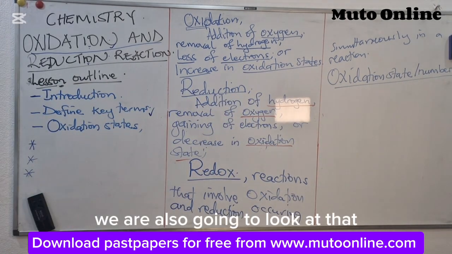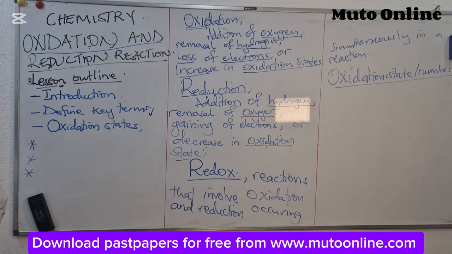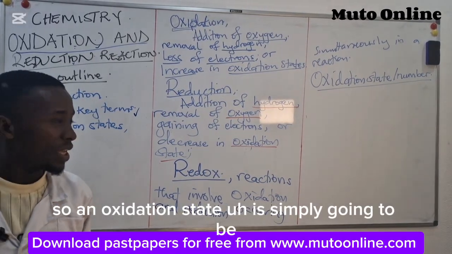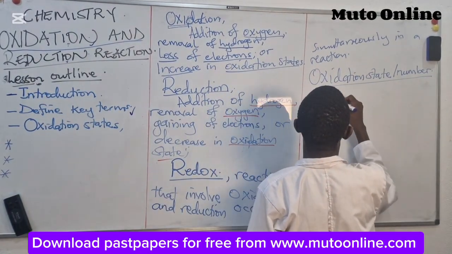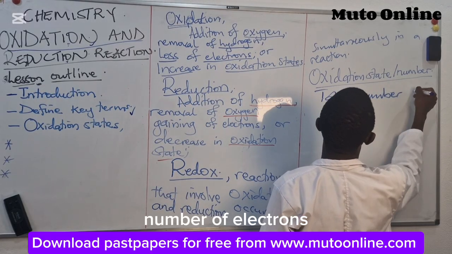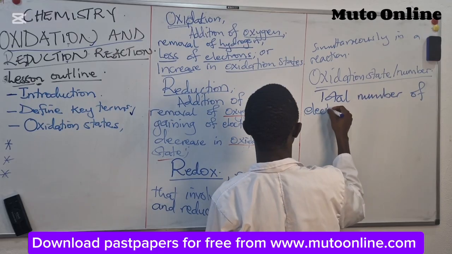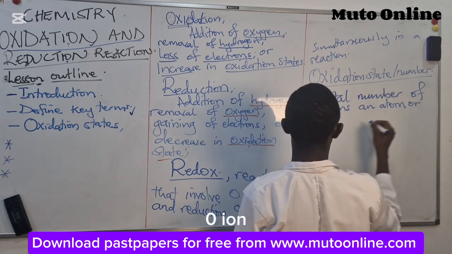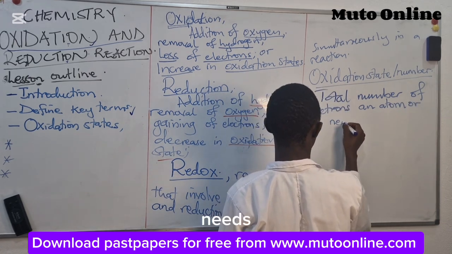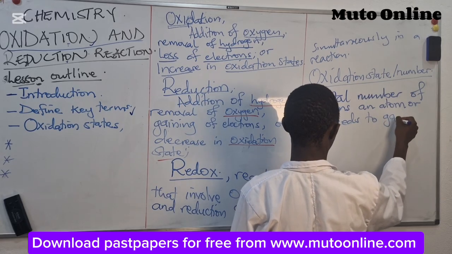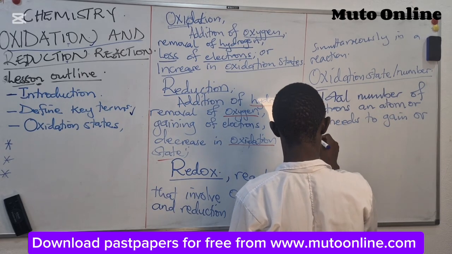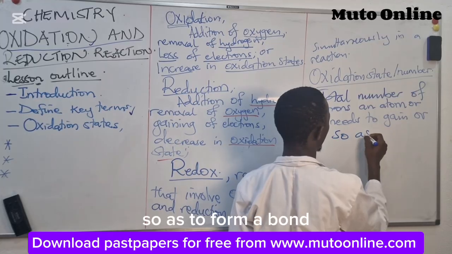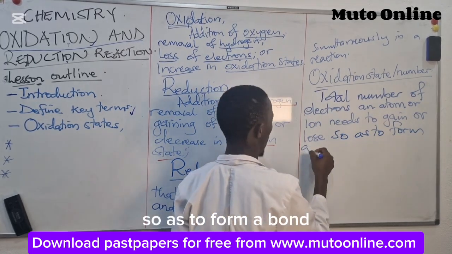An oxidation state is simply the total number of electrons an atom or ion needs to gain or lose so as to form a bond.